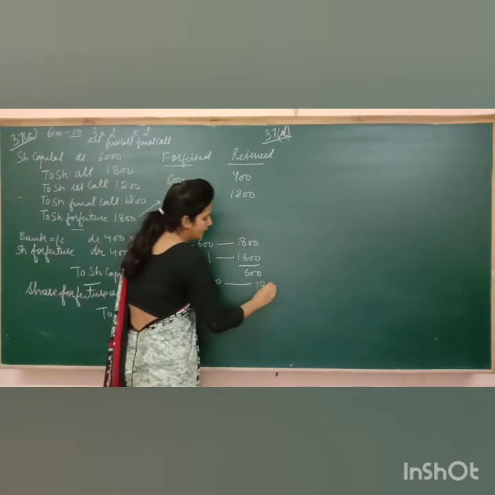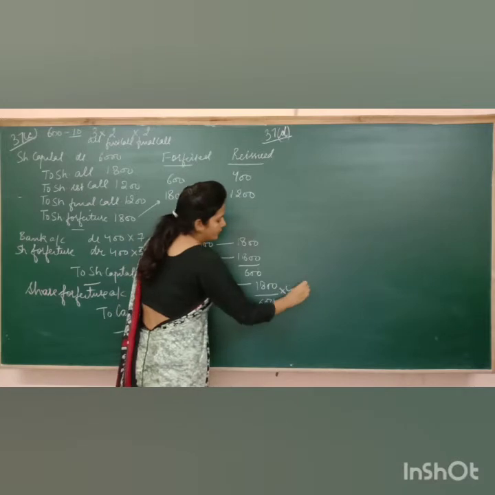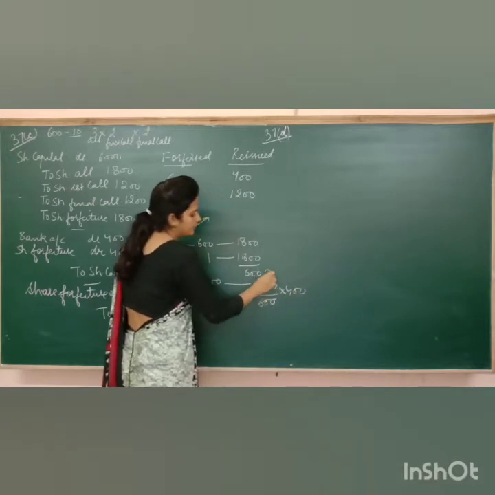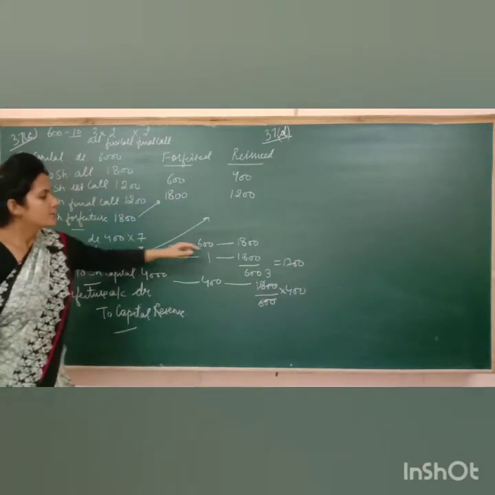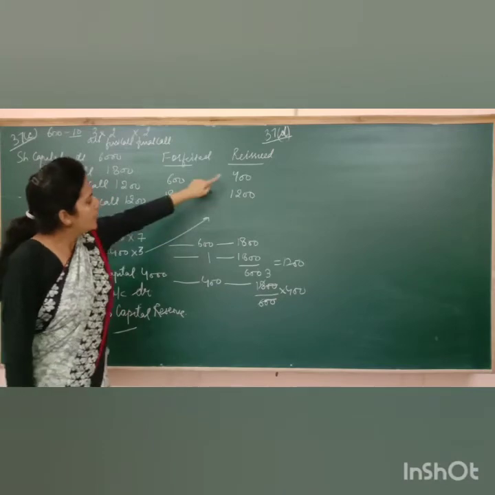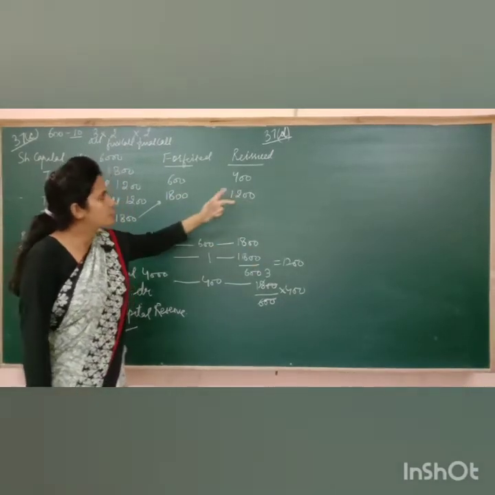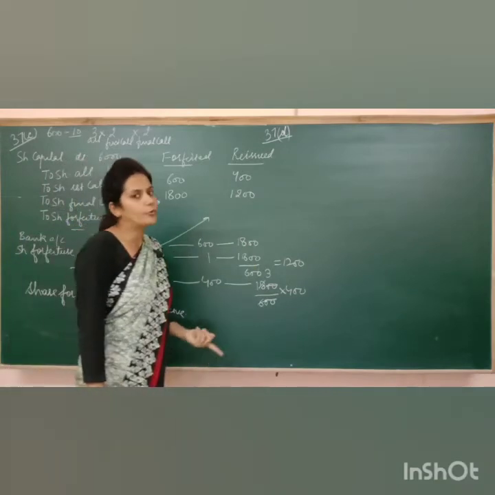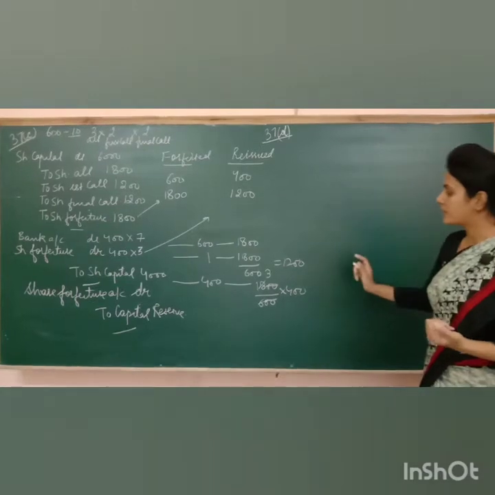So it will be 1800 upon 600 into 400. If you solve, it is coming to 1200. So it means 1200 is the profit on forfeiture on 400 shares, and what is the loss on reissue? 1200. So 1200 minus 1200 is 0. So it means we are not going to transfer any amount to capital reserve. I hope this point is clear.